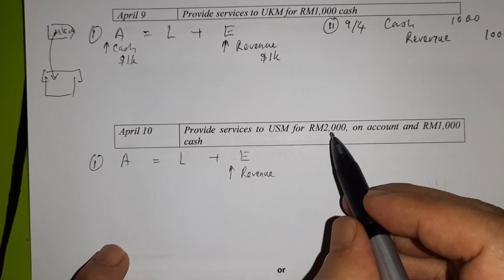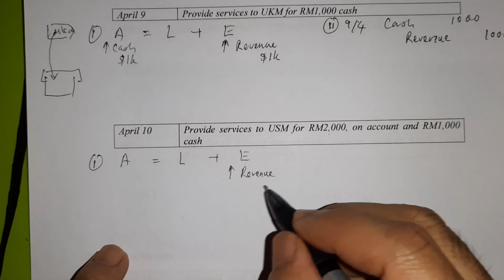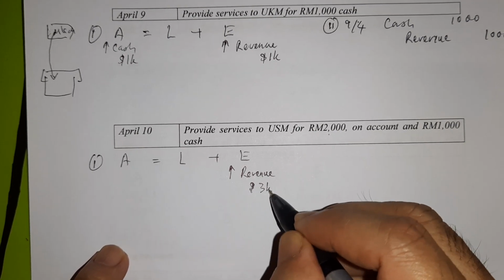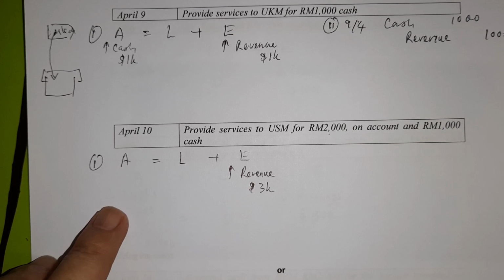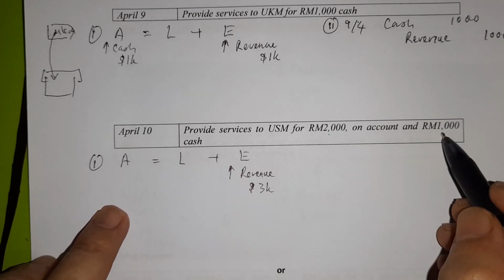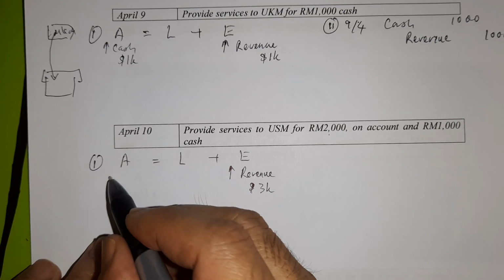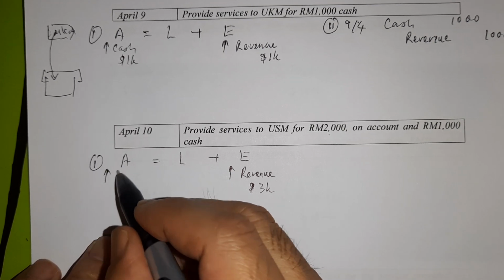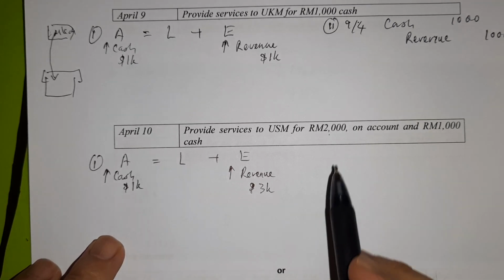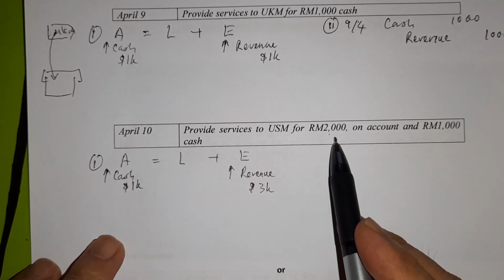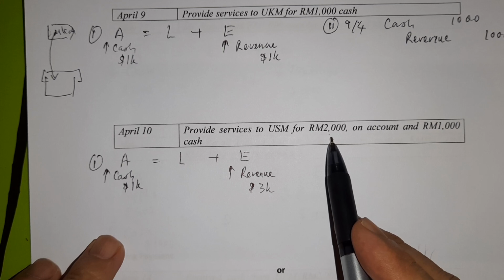The amount is 2,000 plus 1,000, 3,000 revenue. But USM pays 1,000 only in cash. So asset cash increases only 1,000. And the balance 2,000, USM will pay in the future.